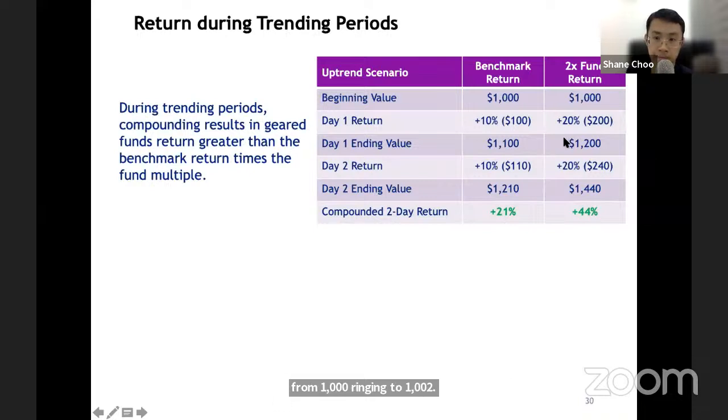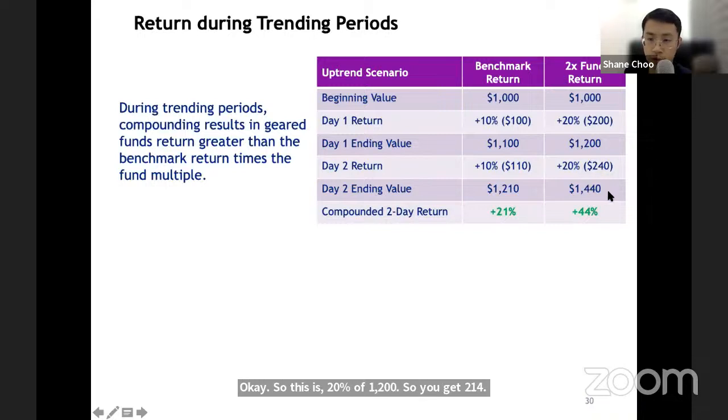to the benchmark return. So day two, the benchmark return 10%, the leverage fund will deliver 20% because 2 times, right? So it is 20% of 1,200, so you get 240.